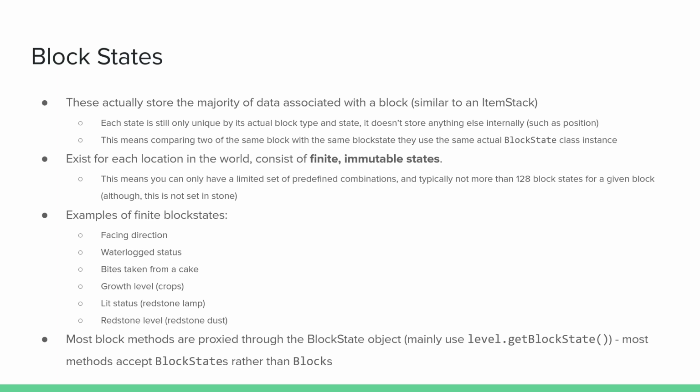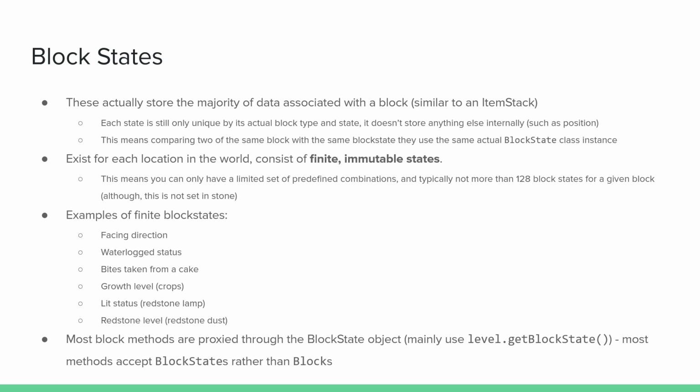They exist for each location in the world, and they consist of finite immutable states, which means that you have a limited set of states that a given block can be in, and they're predefined. You define them before the game starts. There's usually not more than 128. There's no actual hard limit.